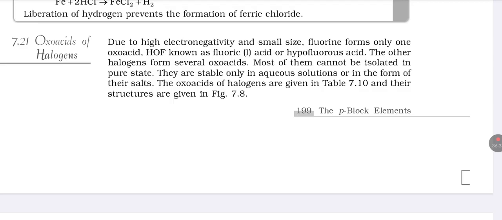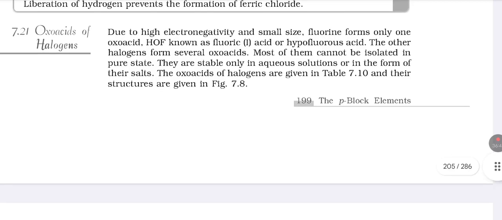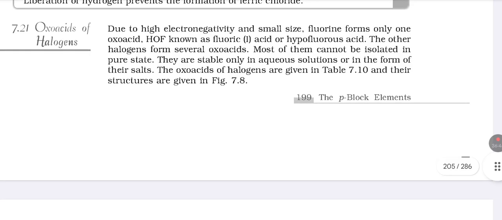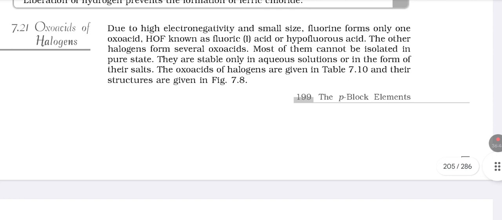Due to high electronegativity and small size, fluorine forms only one oxoacid, HOF, known as fluoric(I) acid or hypofluorous acid. The other halogens form several oxoacids.